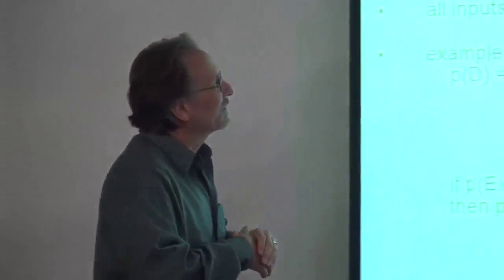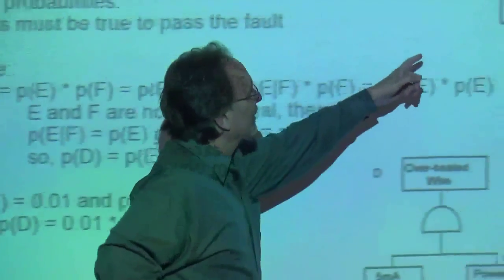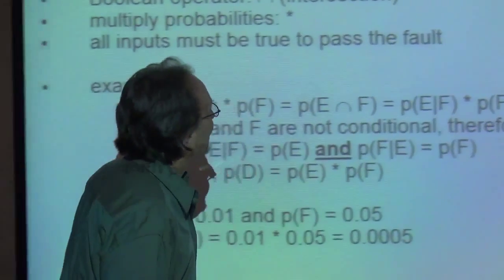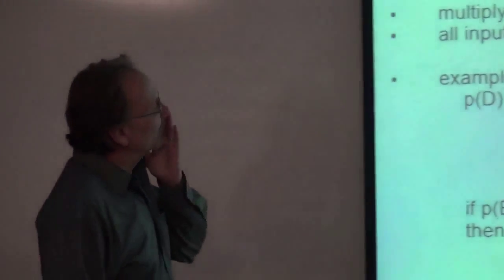Now, two types of gates, AND and OR gates. Both of them are Boolean in nature. The AND gate is this inverted U that's closed. That's like a Boolean intersection.